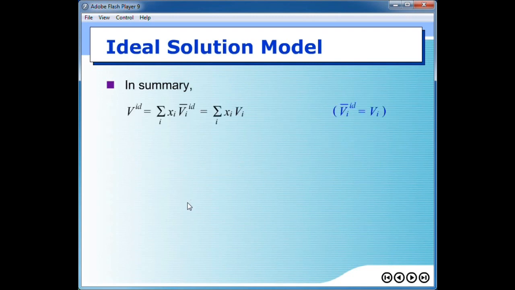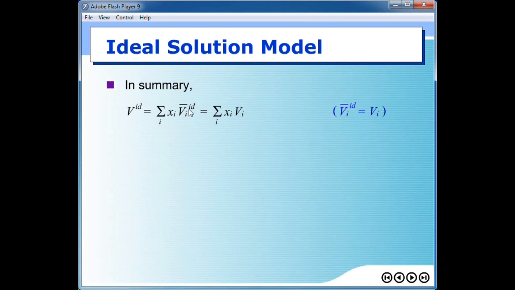So in summary, we can calculate the volume of the mixture by using the summability relation. You take the partial molar volume multiplied by concentration and sum everything up to get the mixture properties. And then we derived earlier that the partial molar volume can be related to the molar volume of pure species according to this relationship.